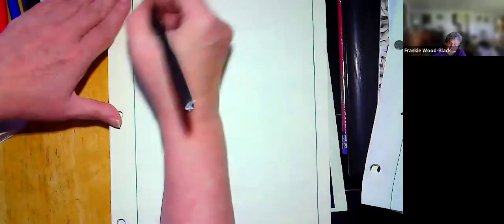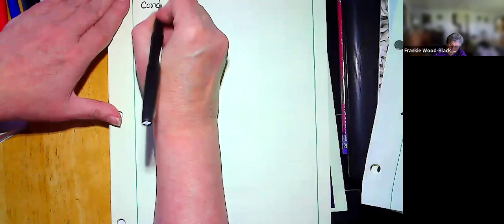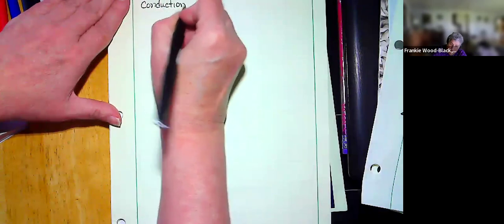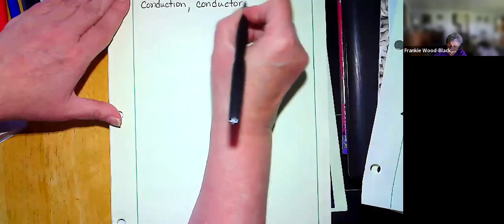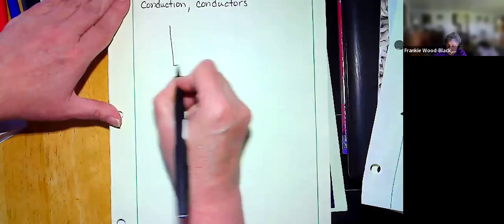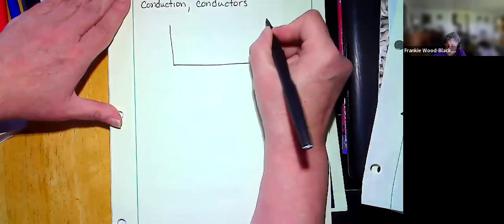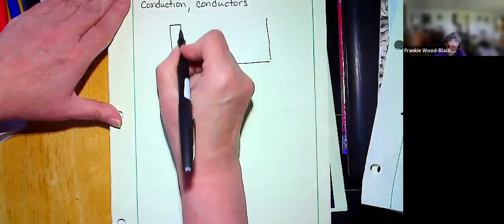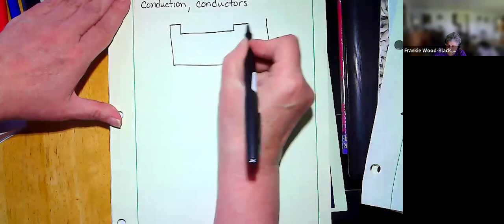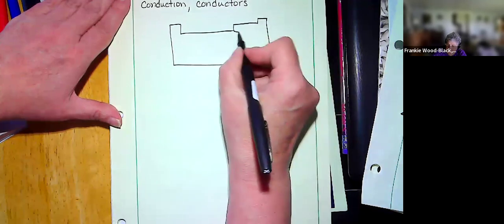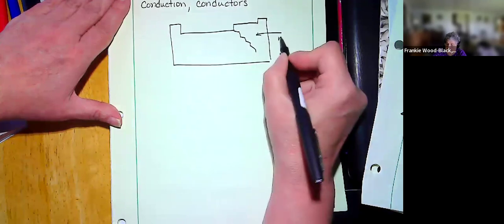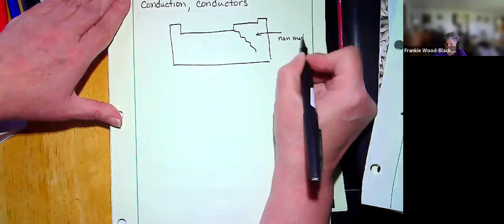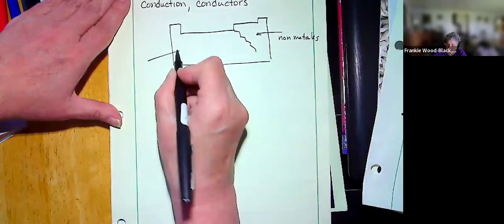We can talk about things like conduction, or conductors. And if I look at my periodic table, these are my nonmetals, and these are my metals.